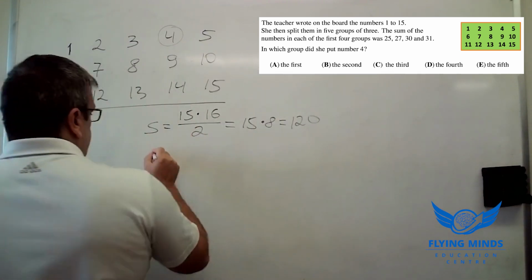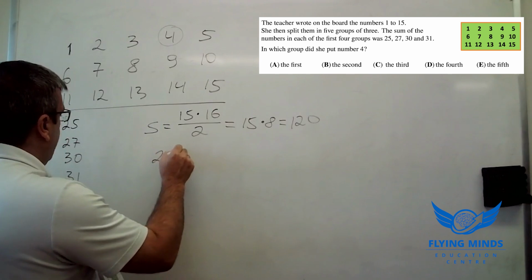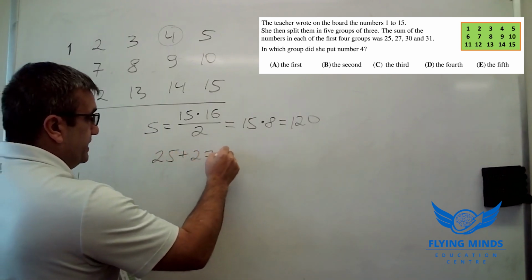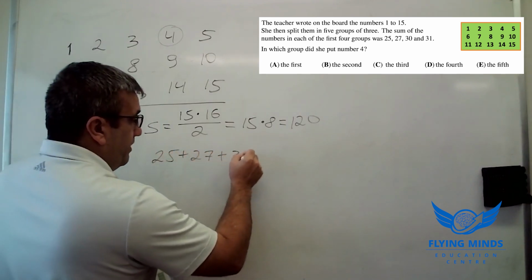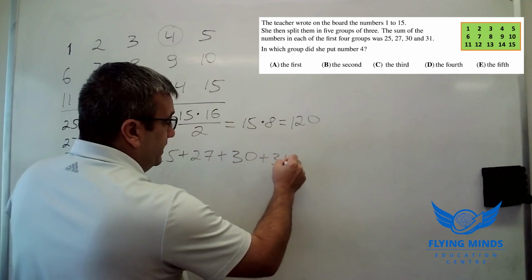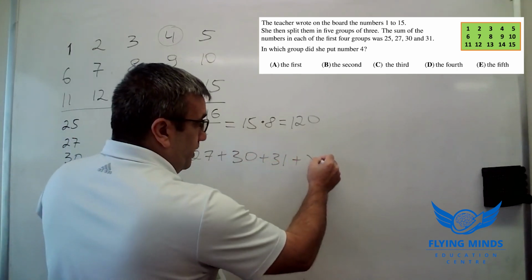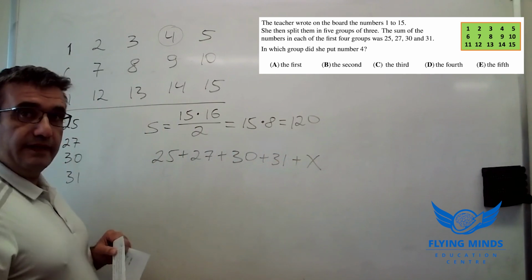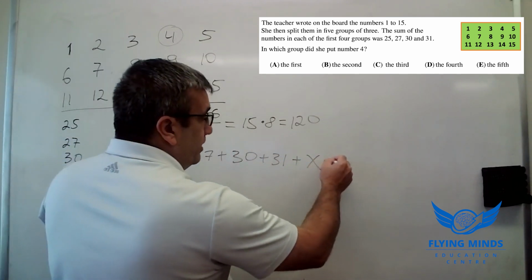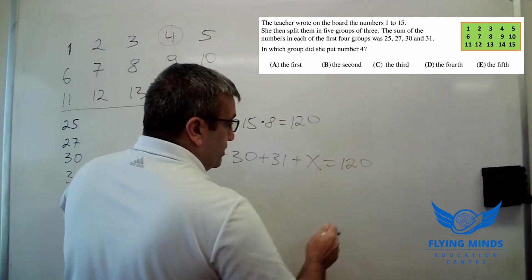So it means that 25 plus 27 plus 30 plus 31 plus the 5th group that we don't know, which we're going to mark X, the sum of the 5th group, equals 120.